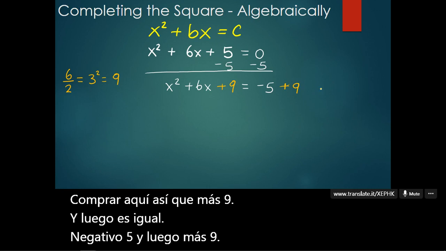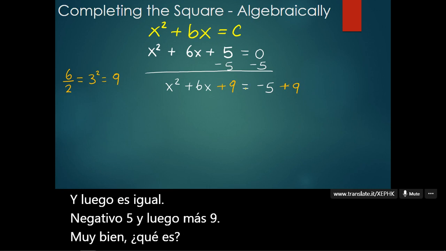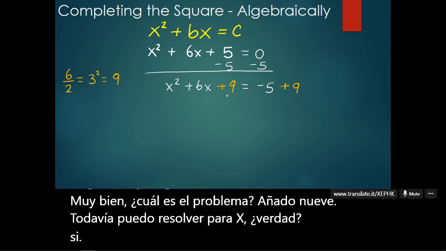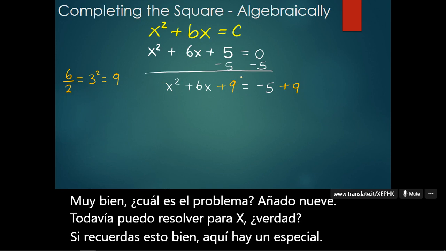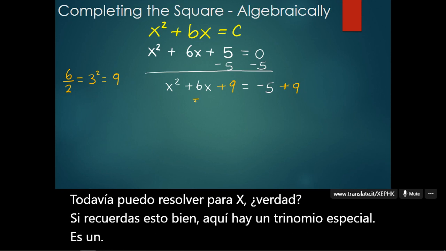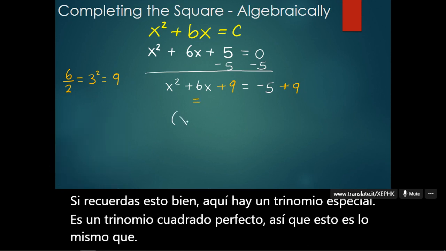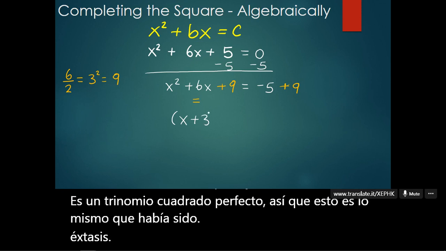All right, so what's the big deal? I'm adding 9. I still can't solve for x, right? Well, if you remember, this right here is a special trinomial. It's a perfect square trinomial. So this is the same as having x plus 3 squared, right?